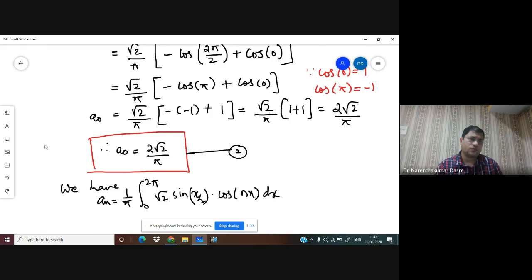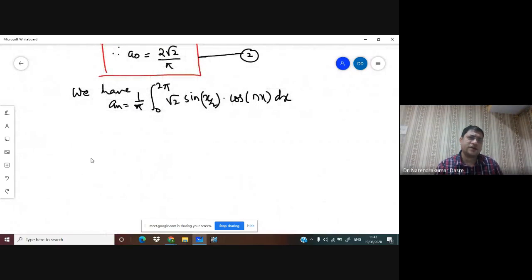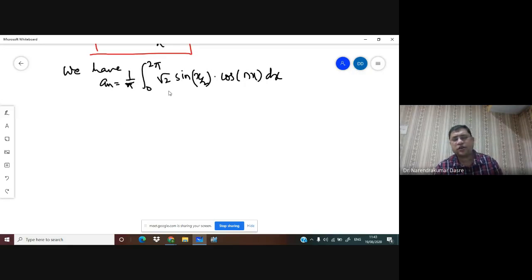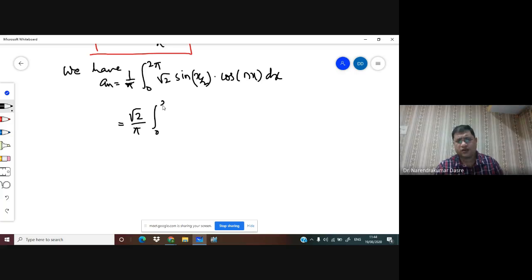Okay. So we replace the value of f of x. The value of f of x is root 2 sine x by 2, and this is going to be cos nx. So I can write this as root 2 upon pi integral 0 to 2 pi sine of x by 2 into cos of nx.